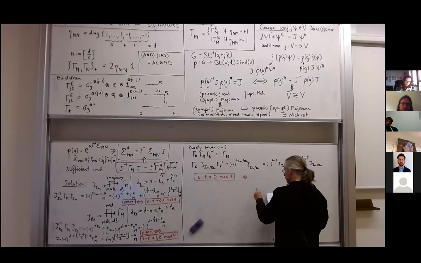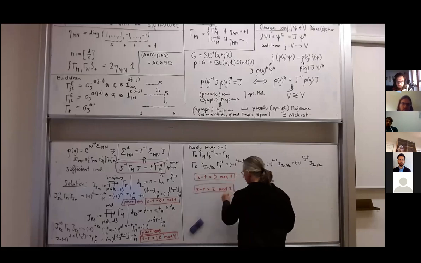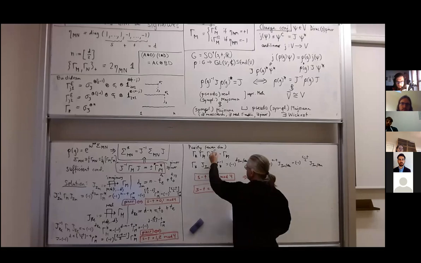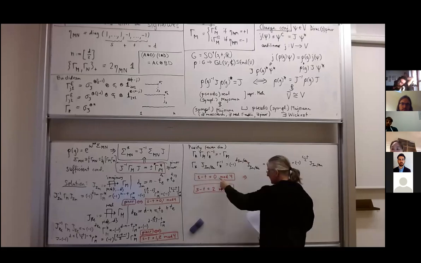So maybe I should start with the other case, with S minus T being 2 mod 4. So this is only two cases because we have even dimension, so therefore S minus T is always even. So there are only these two cases.